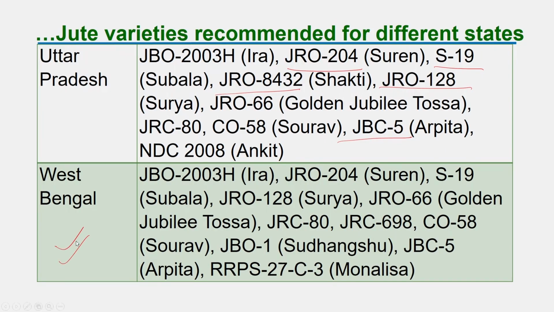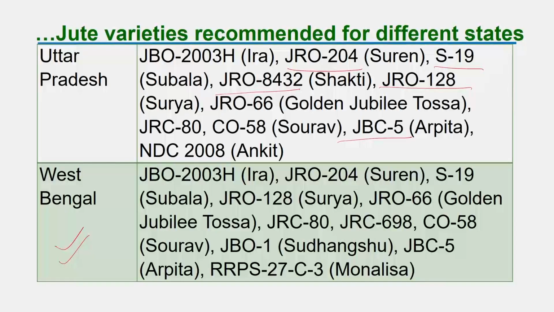And then for West Bengal, the major state where jute cultivation has the highest area, highest production and highest yield of jute, the varieties are JBO 2003H, JRO 204 Suren, S19 Subala, JRO 128 Surya, JRO 66 Golden Jubilee Tosa, JRC 80, JRC 698, CO 58 Saurabh, JBO 1, JBC 5 and RRPS 27C-3, etc.